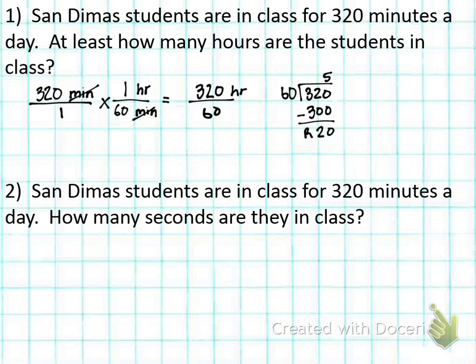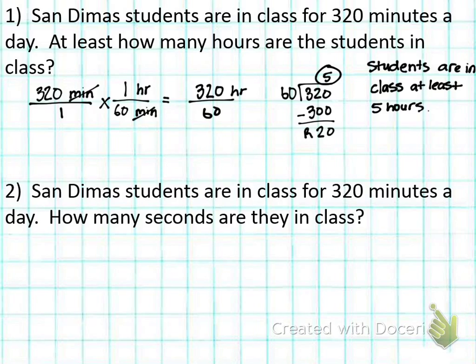Well, students are at least 5 hours, right? So we're going to write students as a complete sentence, because it's a word problem. Students are in class at least 5 hours. Okay, and that's it. That's how you do number 1.